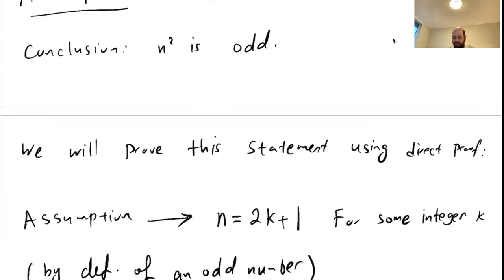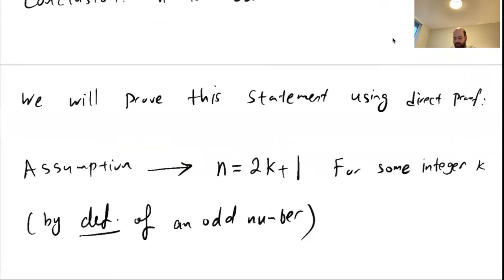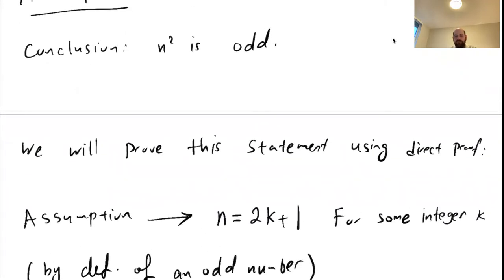Now, my goal is to prove a statement about n squared, right? So what do I have to do in the middle? I already have n. I know that n is 2k plus 1. I want to prove a statement about n squared. So what can I do? I can raise both sides to power 2 in order to make n squared appear in my proof.